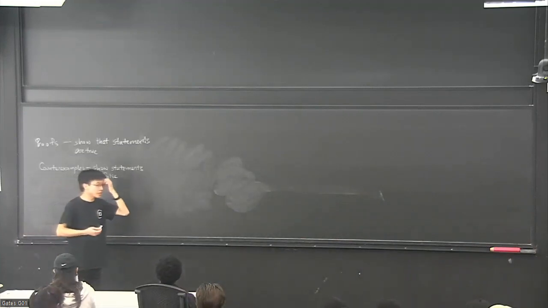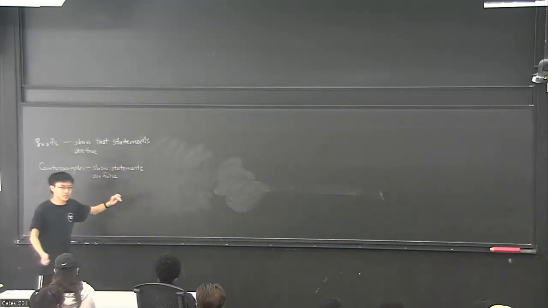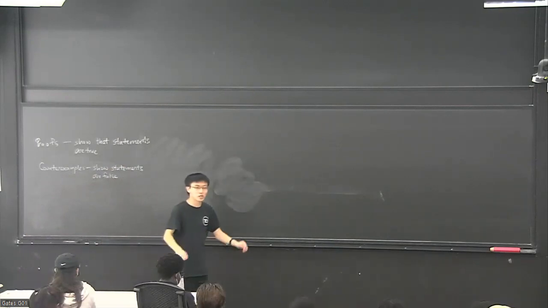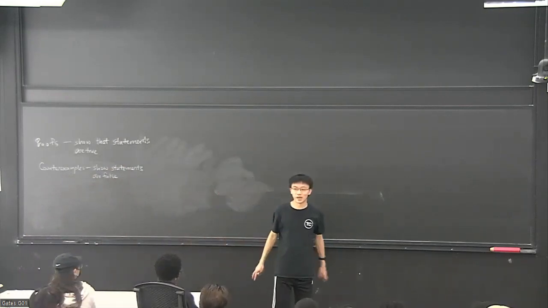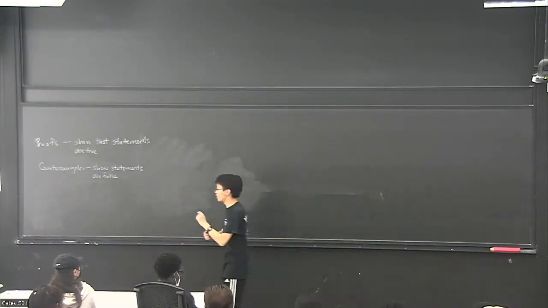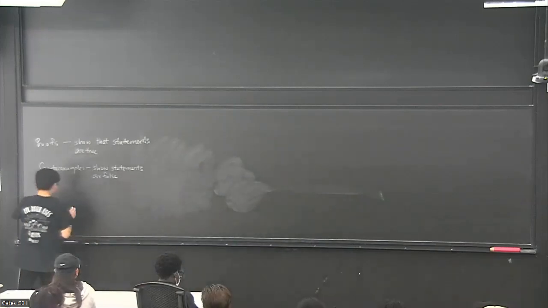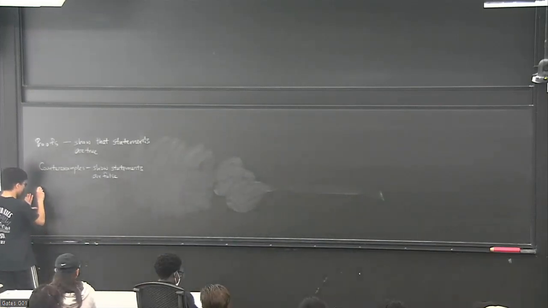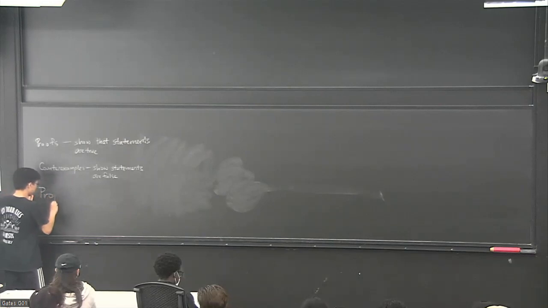When we're talking about truth and falsehood, we need to have a language by which we talk about statements and whether these statements are true and false. In math, we call a statement which is true or false a proposition.